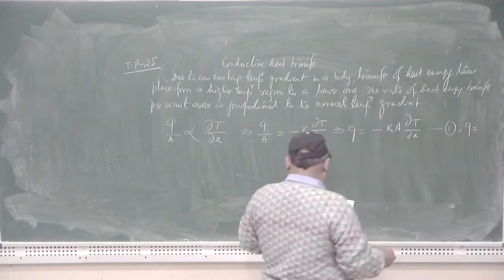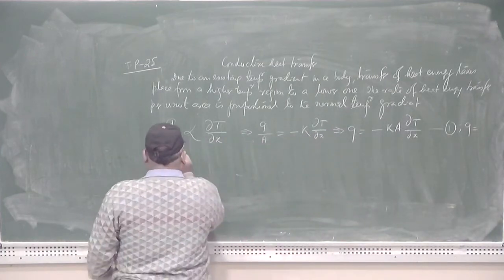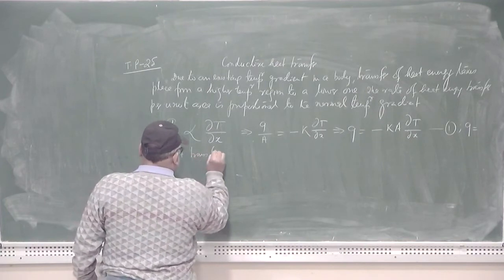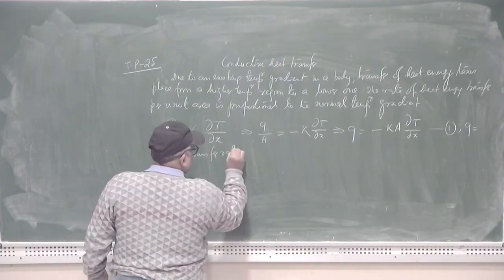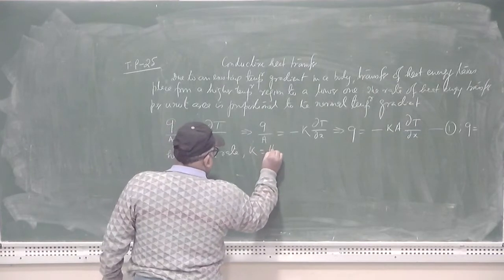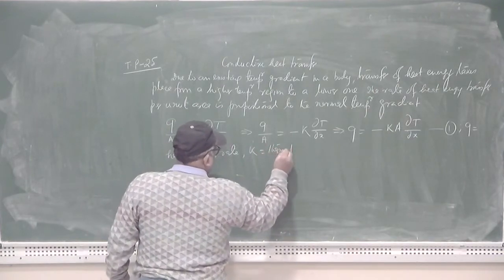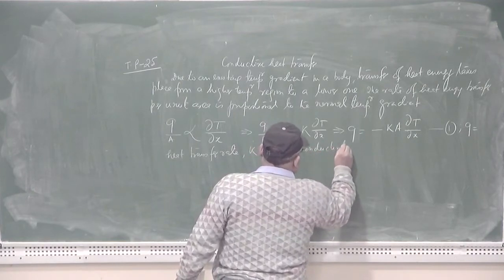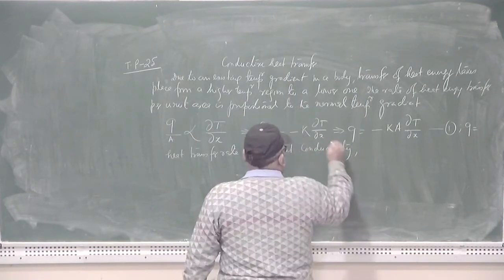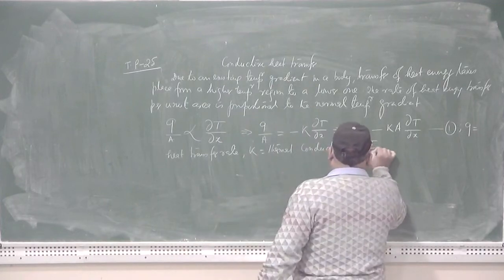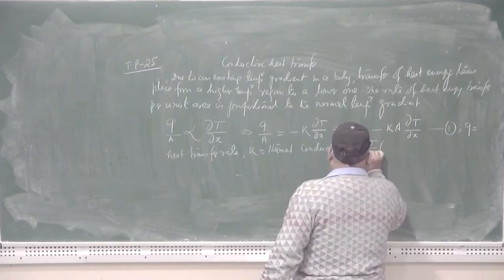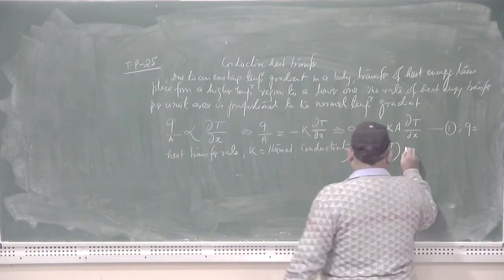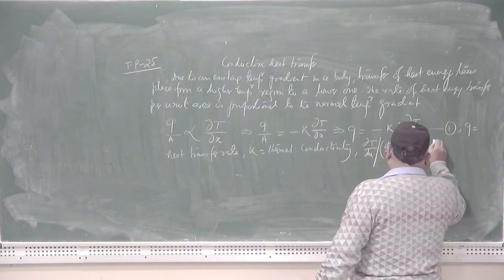Q is the heat transfer rate, K is the thermal conductivity, and dT by dx is the temperature gradient.